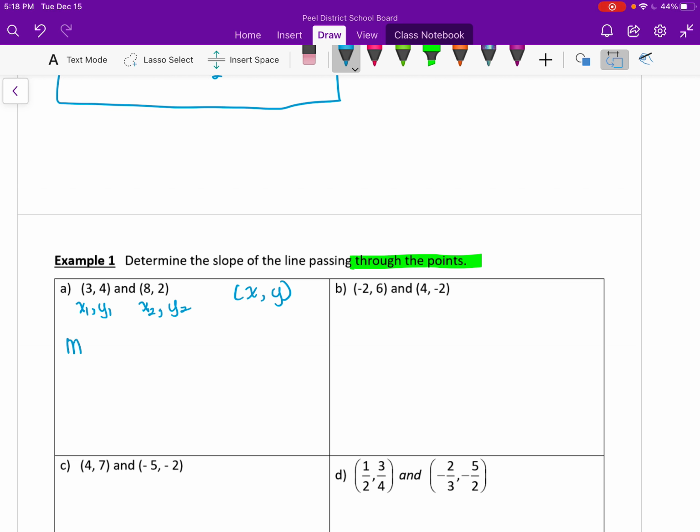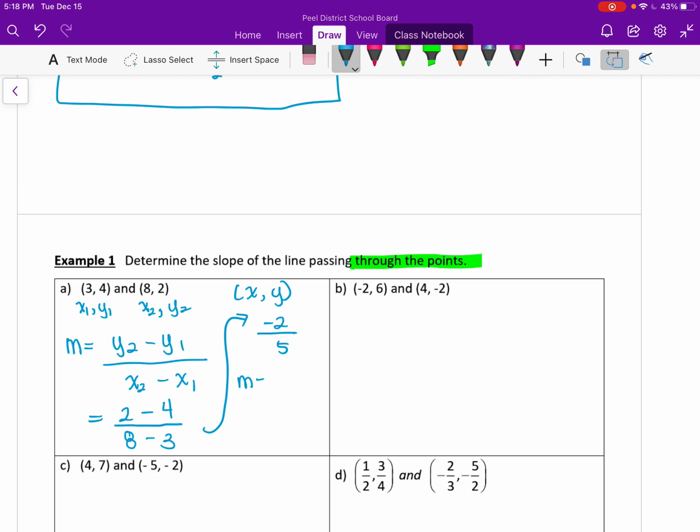So I'm going to say slope is equal to y2 minus y1 over x2 minus x1, which is equal to y2 here is 2 minus 4 over 8 minus 3, which is equal to, so I'm just going to carry this over to the other side. 2 minus 4 is going to give me negative 2. 8 minus 3 is 5, right?